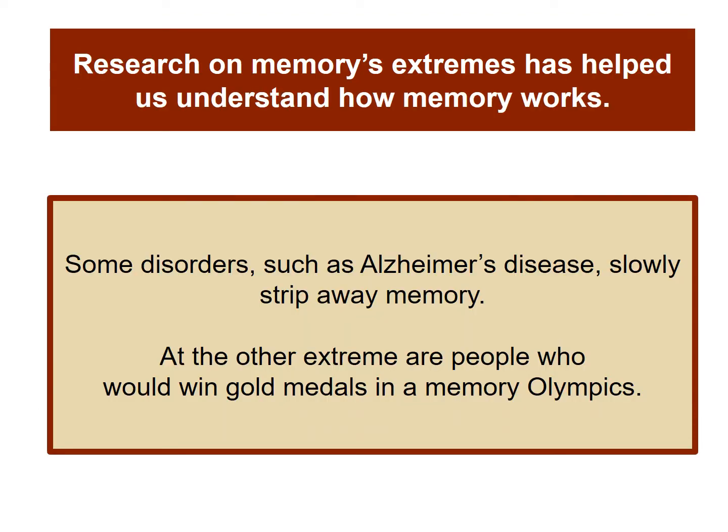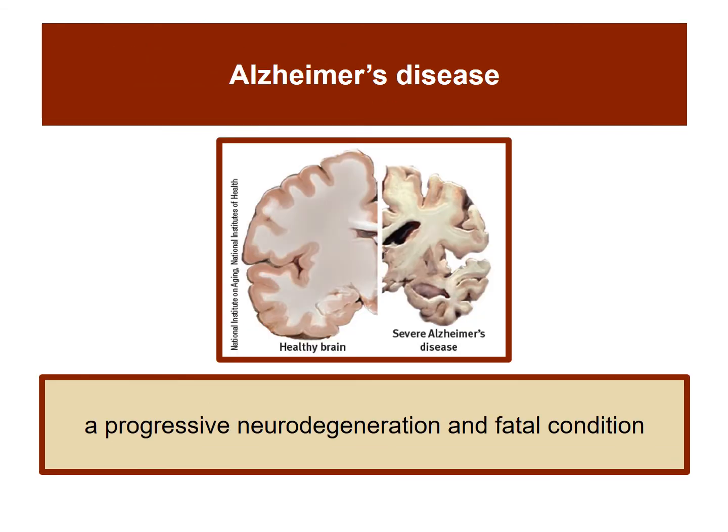Research on memory's extremes has helped us understand how memory works. Some disorders, such as Alzheimer's disease, slowly strip away memory, and at the other extreme are people who would win gold medals in a memory Olympics. Alzheimer's disease is a progressive neurodegeneration and fatal condition.